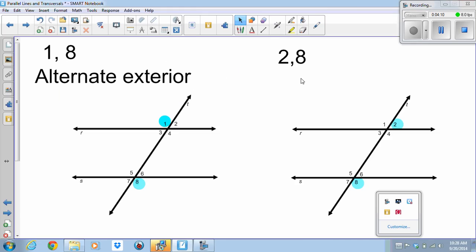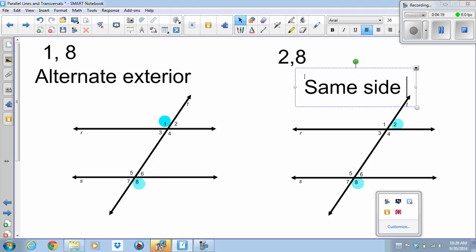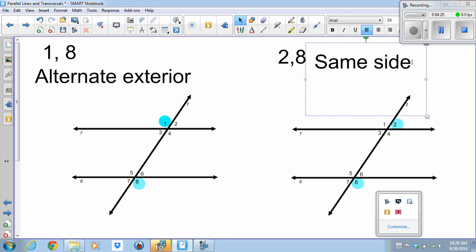Now we go to 2 and 8. 2 and 8 are both on the right side of the transversal, so they're same side, and they are exterior as well. So same side, exterior. We're going to find some relationships later, but first we need to be able to label them, because the name is very important.